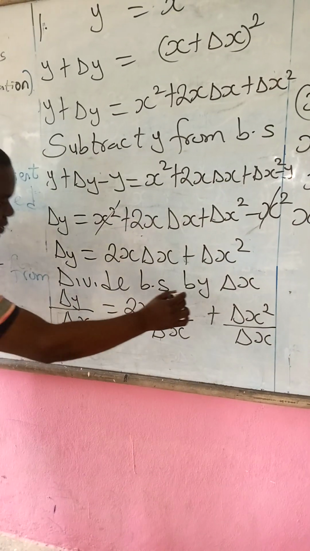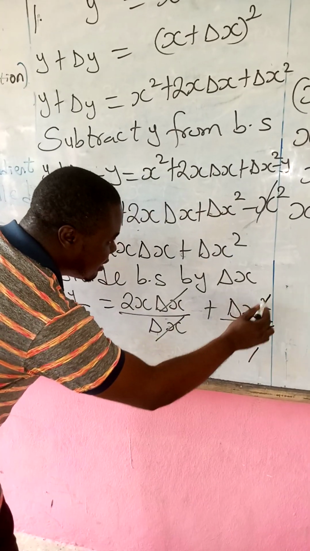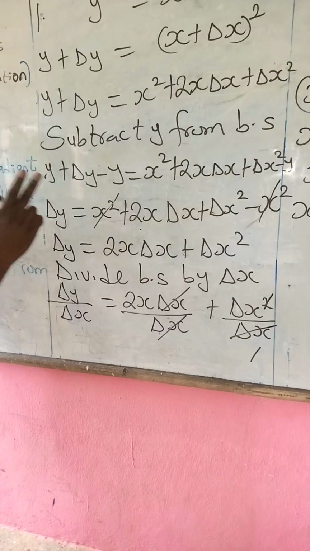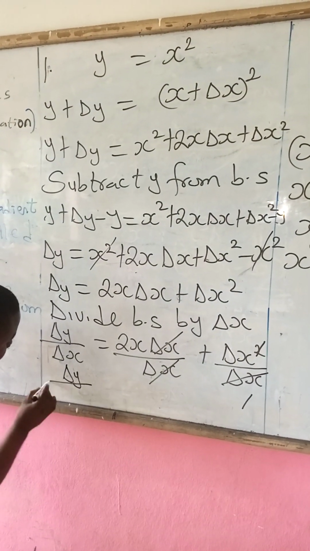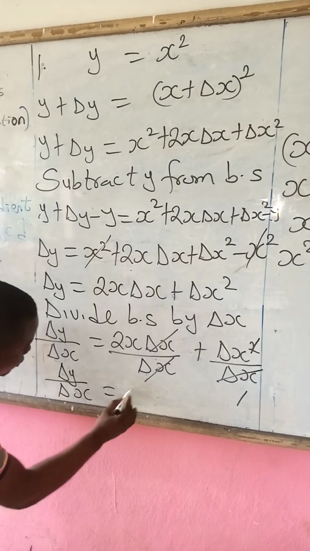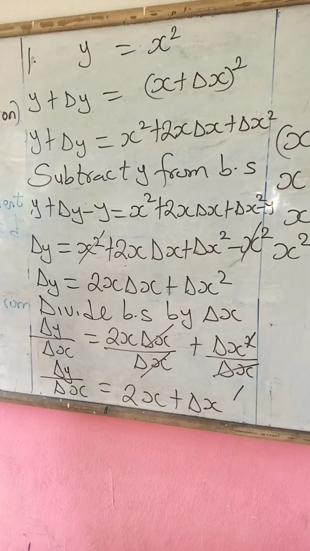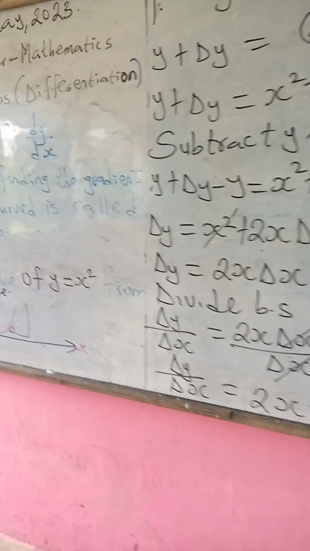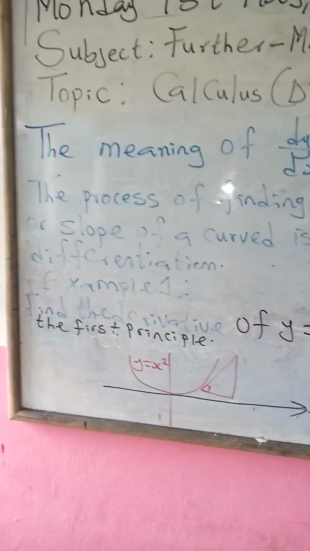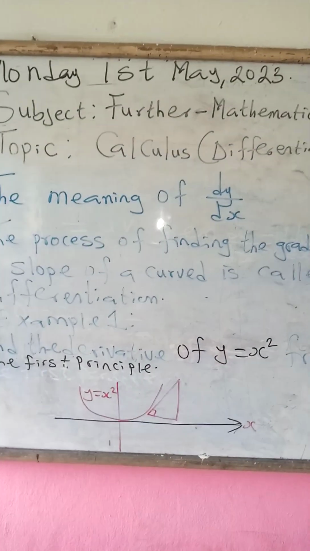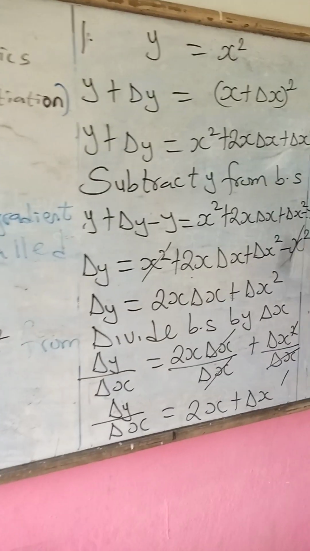As you can see, these can cancel. δx here, δx there, remove one of them because it's squared. So we have δy divided by δx equals 2x plus δx. I believe we are getting it, and it's very easy for us to get. Another observation is to follow the rules. Once you follow the rules, it becomes easier for you.